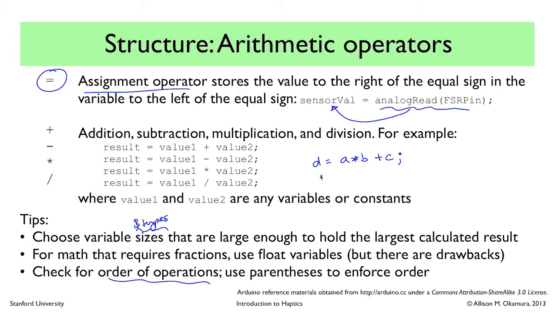Well, different programming languages may handle this differently, but in Arduino, it will first multiply A and B together, and then it will do this addition step. But it's always useful just to be extra sure about what's happening to add in parentheses to help clarify which steps go together. So you might want to write it like this. Or if you purposely wanted to add B and C together before you multiplied by A, then you could write it like this.